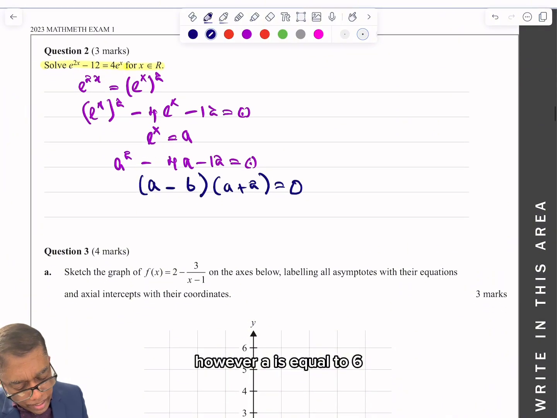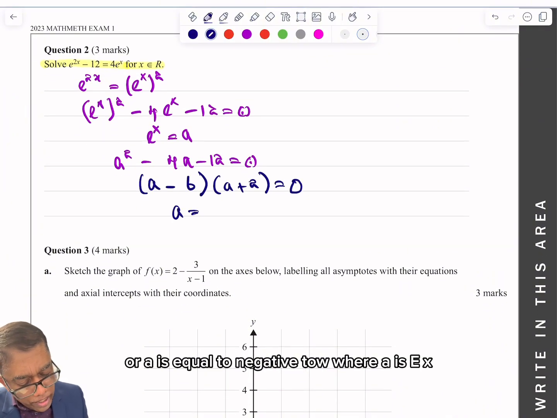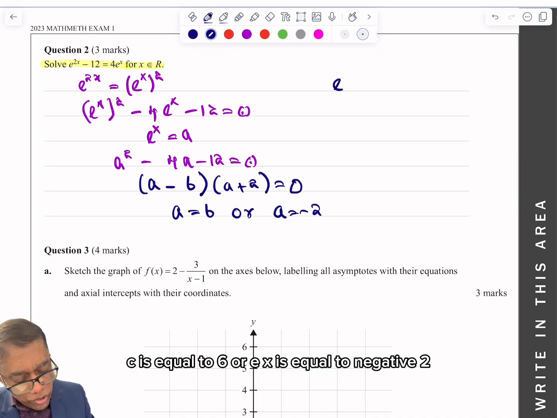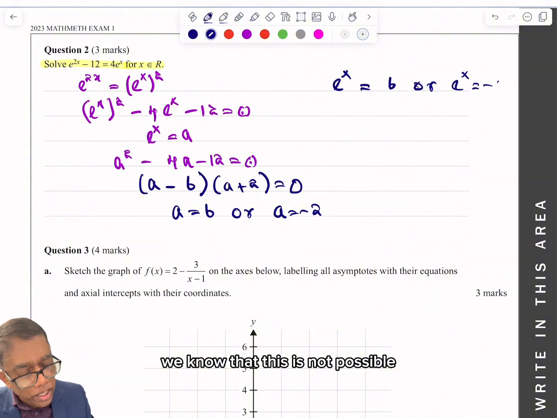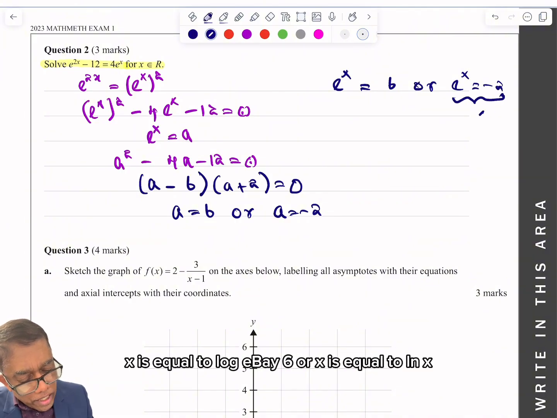However, a is equal to 6 or a is equal to negative 2, where a is e^x, so e^x is equal to 6 or e^x is equal to negative 2. We know that this is not possible. Therefore, x is equal to log base e of 6, that is ln 6.